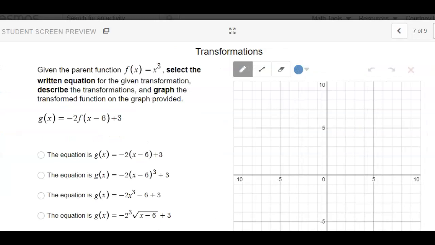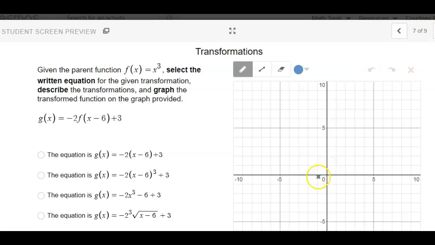All right, we only have 2 more questions in our review today. This one is about transformations. It says, given the parent function f of x equals x cubed, that would be the cubic parent function, select the written equation for the given transformation, describe the transformations, and graph the transformed function on the graph provided.